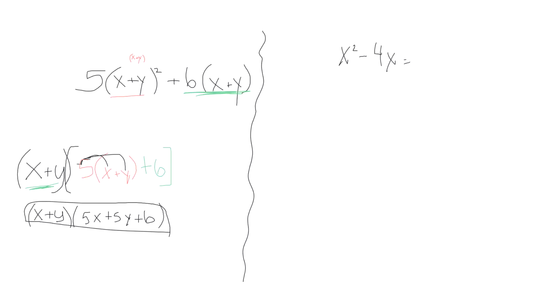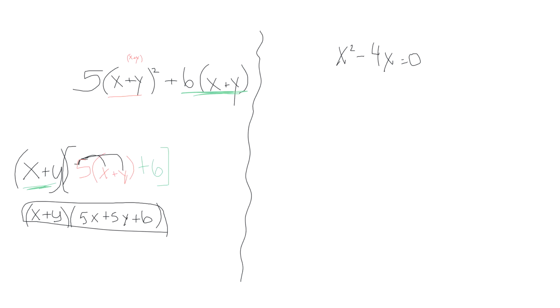How is this one different than the other ones we've been doing? X squared minus 4x equals 0. How's it different? I can still factor them, but this one has an equal 0 in it.